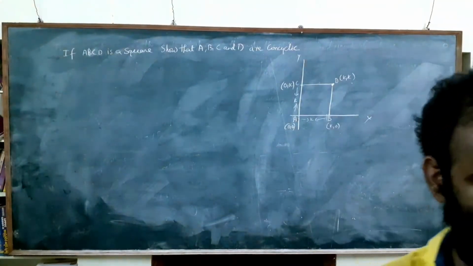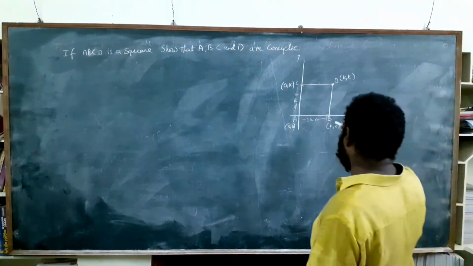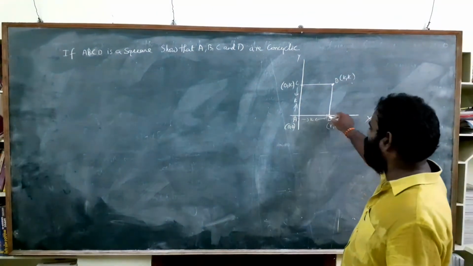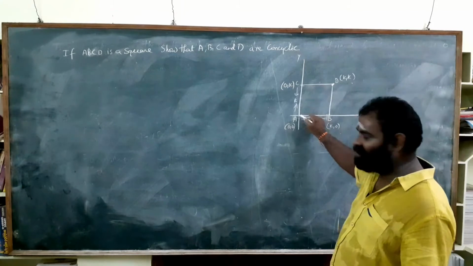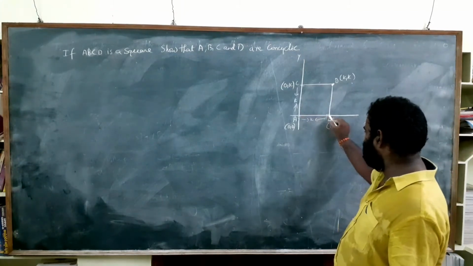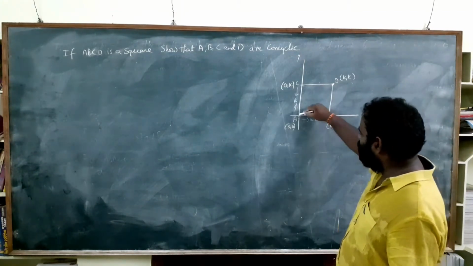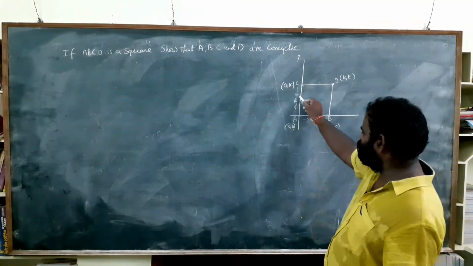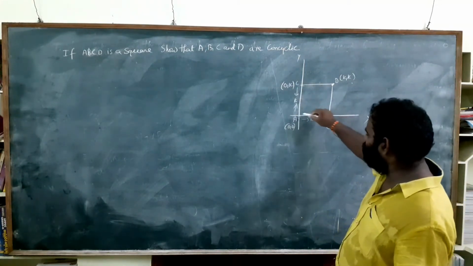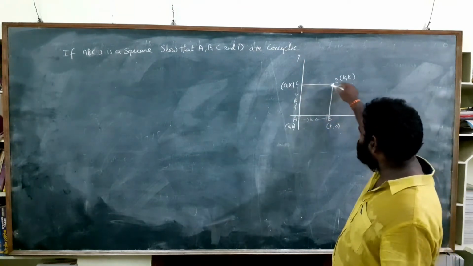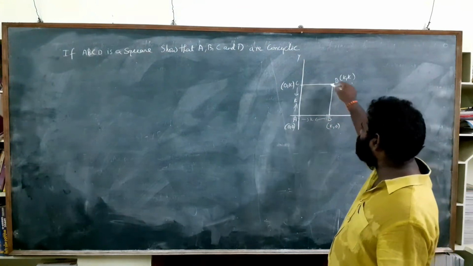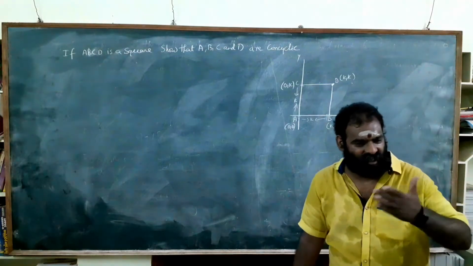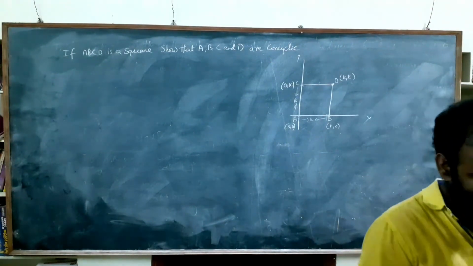Understand or not? So because for a square all the sides are equal, so you take a point on x axis at k units distance and another point on y axis at k units distance, then these two sides are equal. In the same way, if this is k, this side is also k units and this is also k units. So all the sides are equal, it is a square.